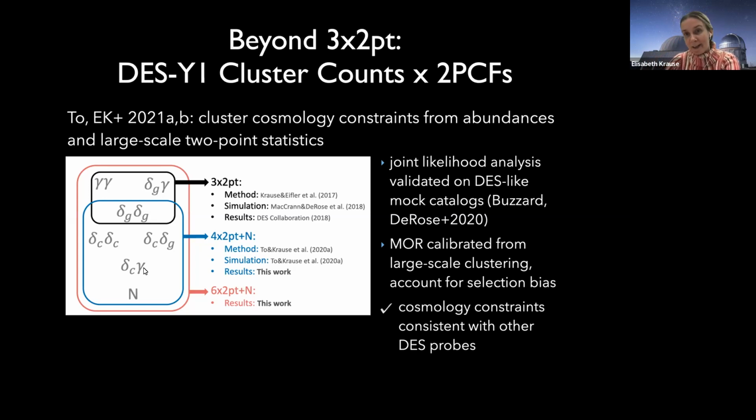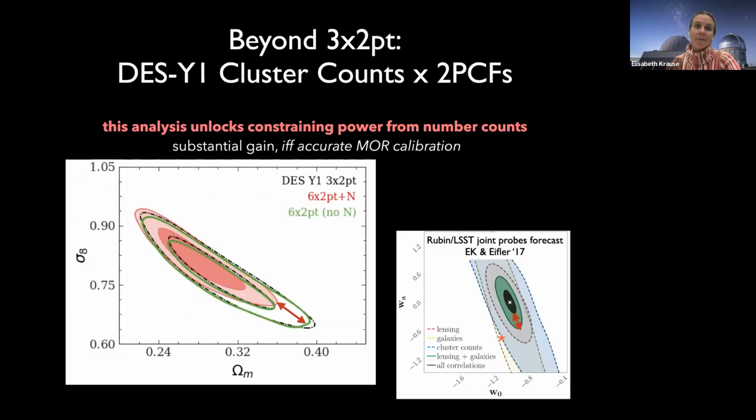The aspect of this analysis that I want to highlight is that it unlocks constraining power from number counts. So we had added to the DES 3x2-point analysis shown in black here, cluster number counts, N, as well as several other large-scale 2-point statistics. If we remove the number counts and only look at large-scale clustering, cluster galaxy clustering, cluster lensing, that is basically we use galaxy clusters as an additional tracer for clustering, we obtain these green contours.